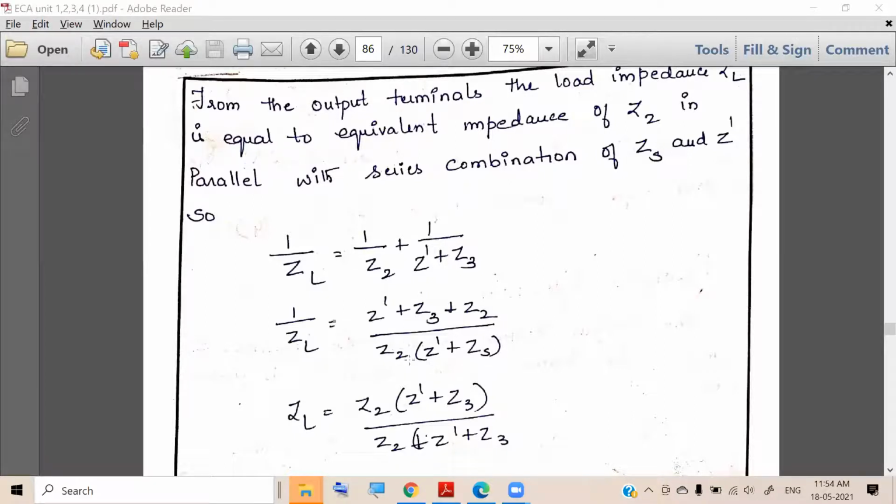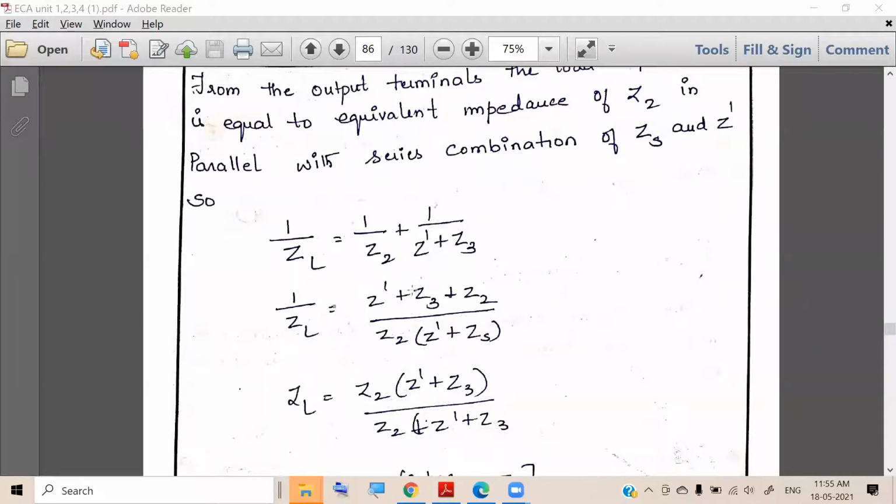This part will go to the numerator: Z dash plus Z3 plus Z2. In simple words, we are taking the common denominator of the fractions, the same as what we studied in school. So 1 by ZL we got.